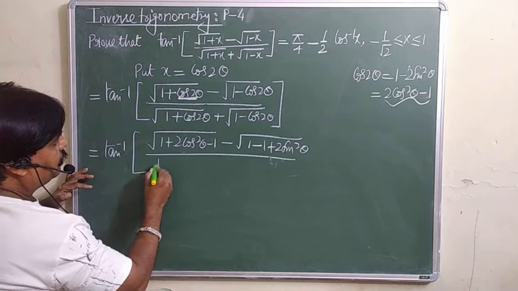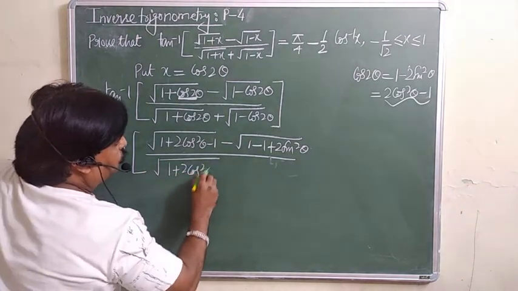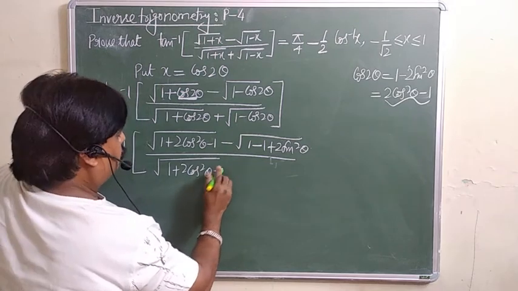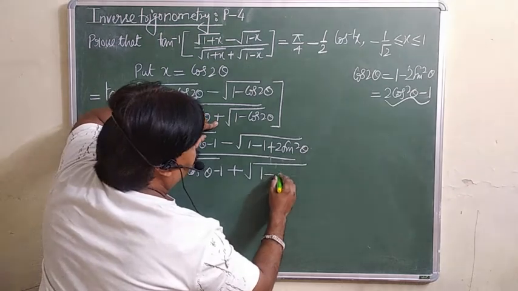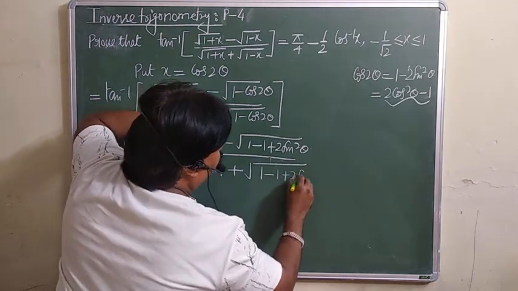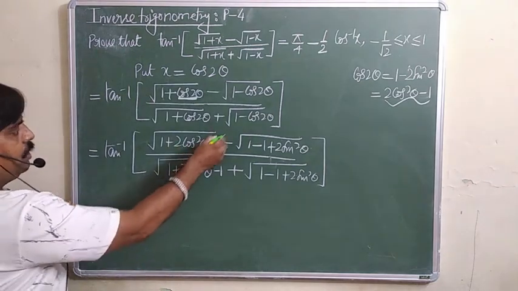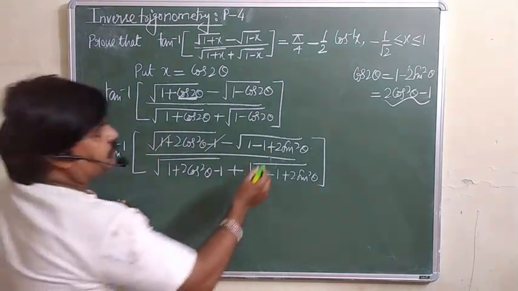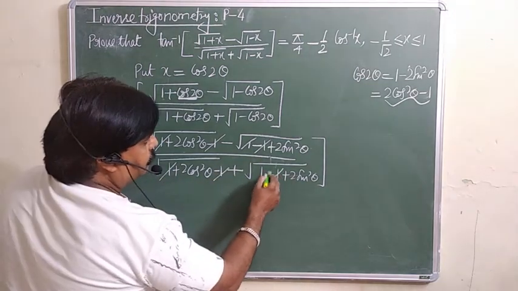Similarly here, under root 1 plus 2 cos square theta minus 1 plus under root 1 minus 1 plus 2 sin square theta. So finally the minus 1 and plus 1 you can cancel.